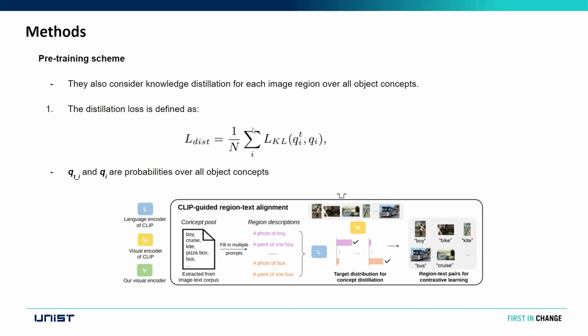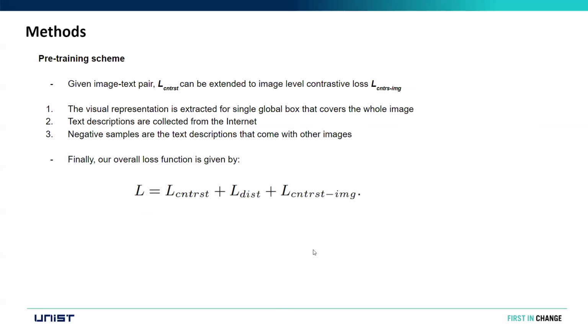Also they use knowledge distillation for each image region and all object concepts. Here they use KL divergence between the two probabilities. Here Q_T and Q_I are these probabilities made by the language encoder. And this contrastive loss is for the region, but they extend it to the image level.